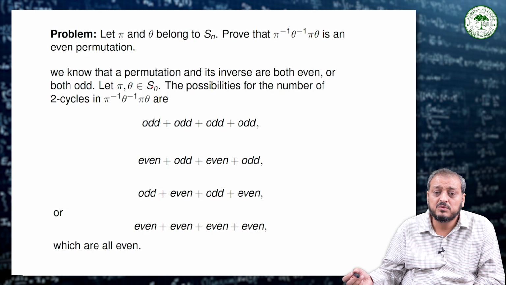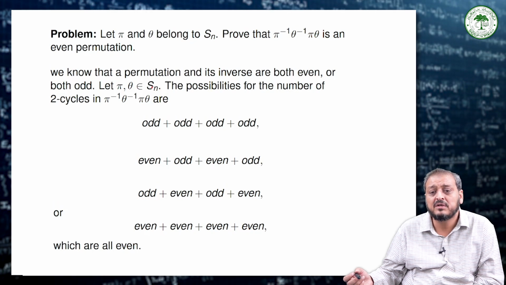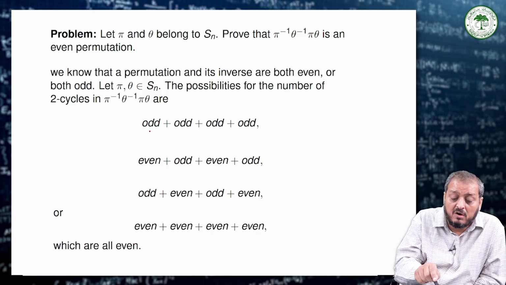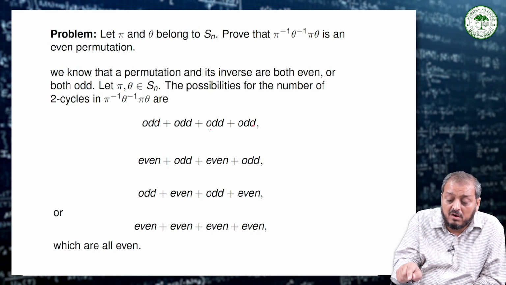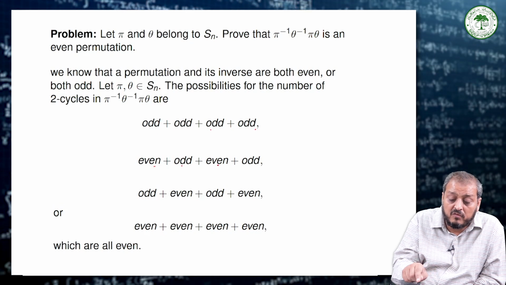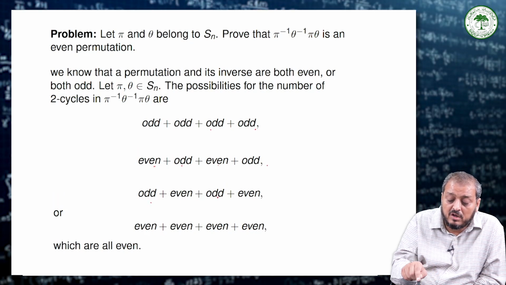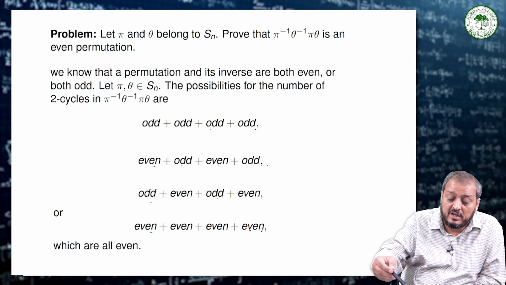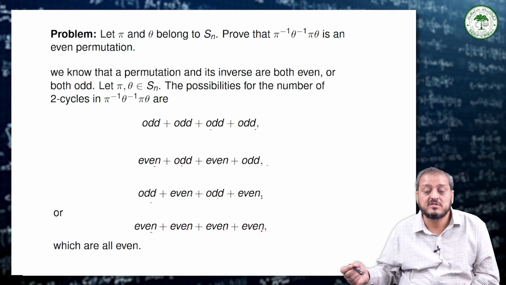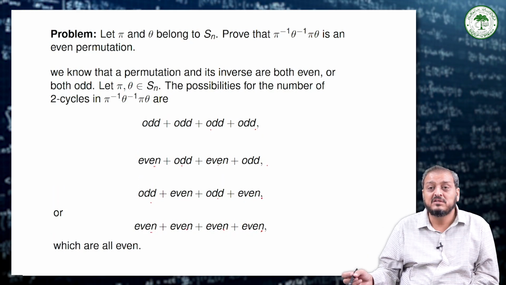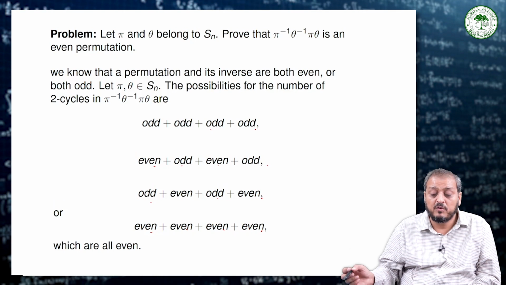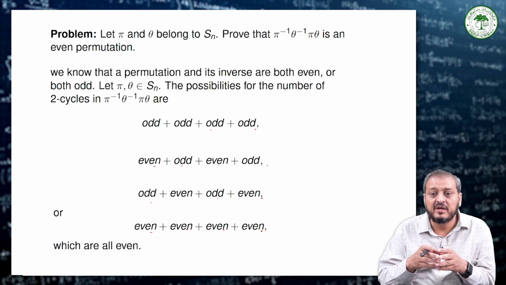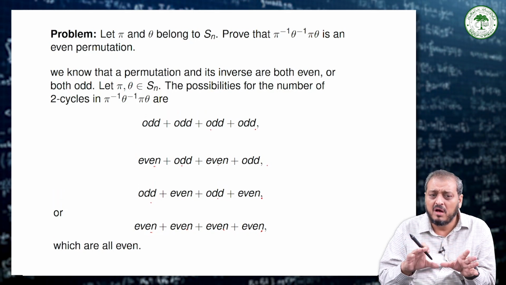So if pi belongs to Sn, then the possibilities for the number of 2-cycles are odd, even, odd, even, and in all the possible cases we get even. So in this case we simply say that the inverse of a permutation and the permutation are both even or both odd.